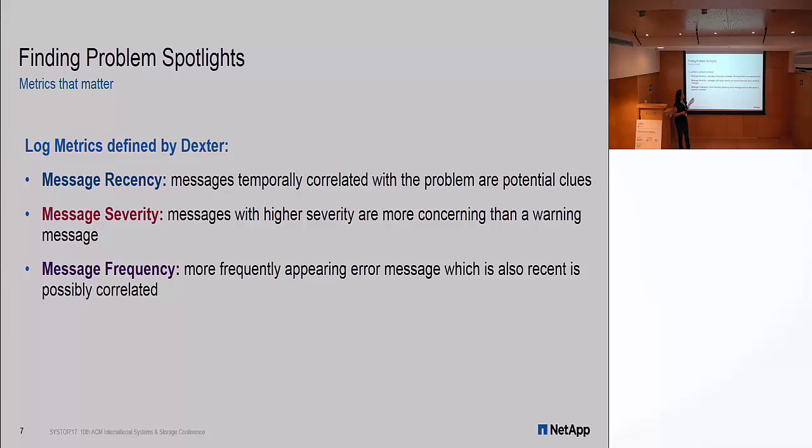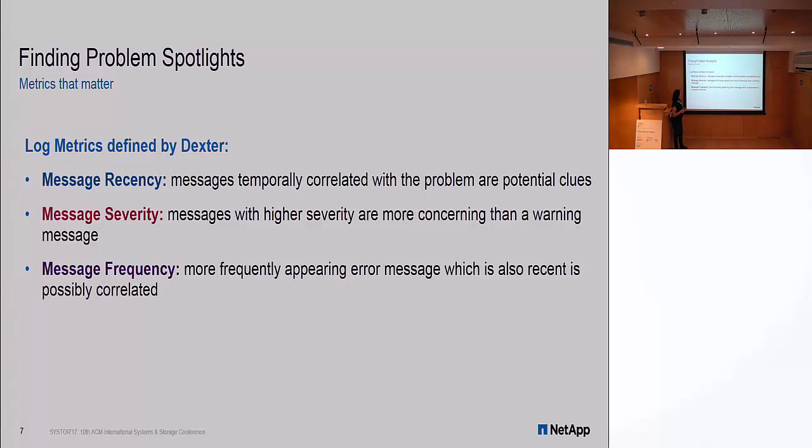The idea being here is the problem which the customer is facing, the error message would be somewhere correlated and temporally co-located with that timestamp. So recency is important. Severity is of course important, because if the message is informational or warning type, it might be less important than a message which is saying it's critical or it's emergency and so on.